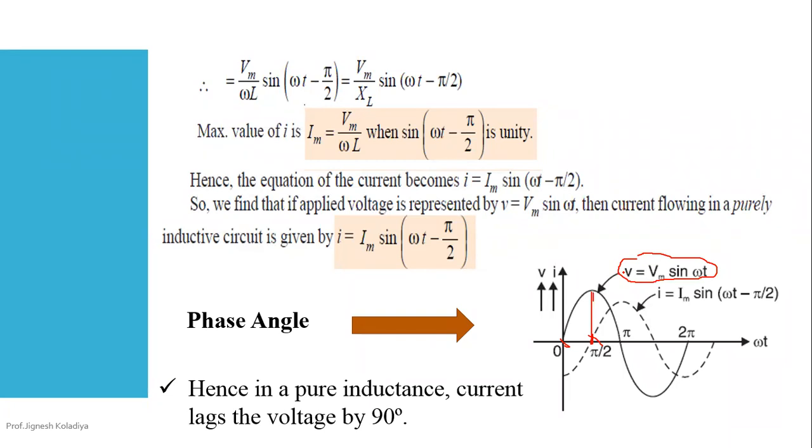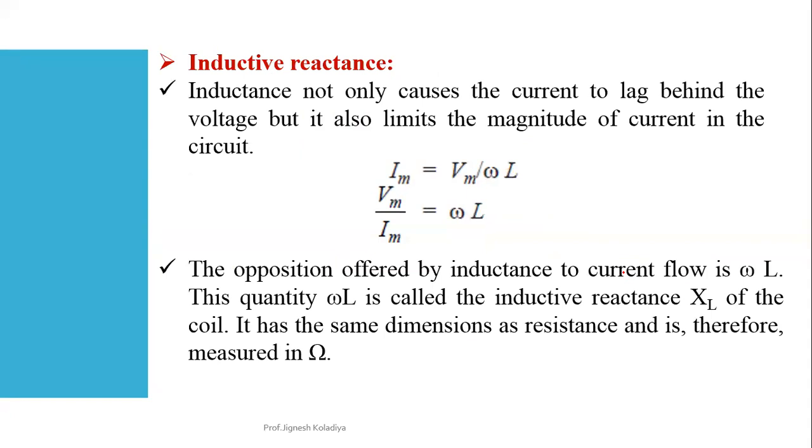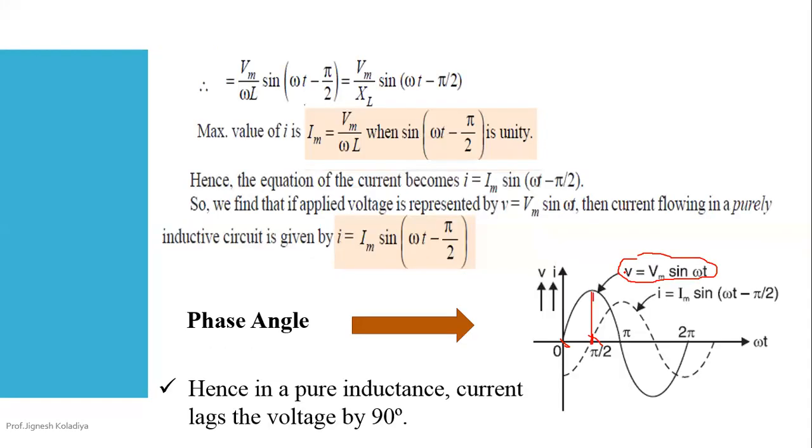But in the previous case, when only resistance is connected, both are in phase, but here it is 90-degree lagging because of inductive reactance. That means I can draw the vector like this.